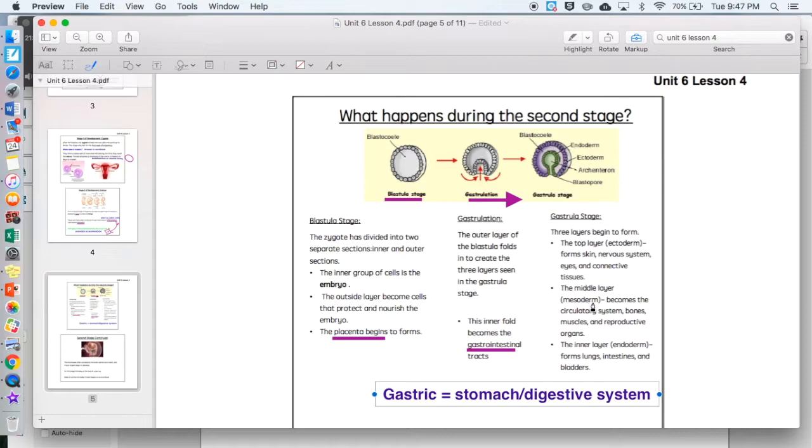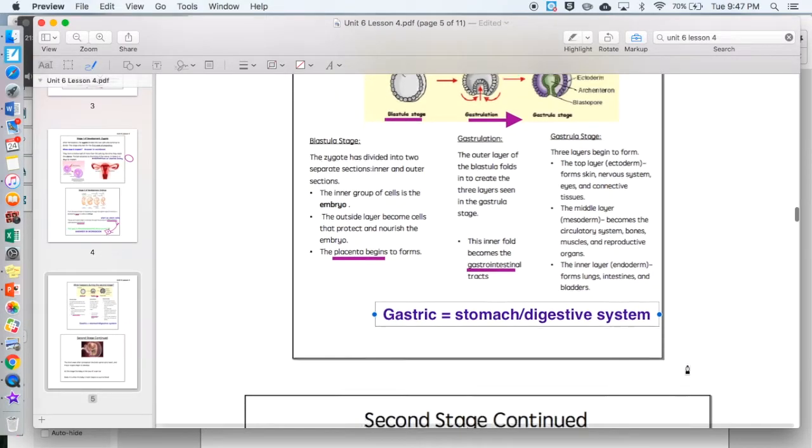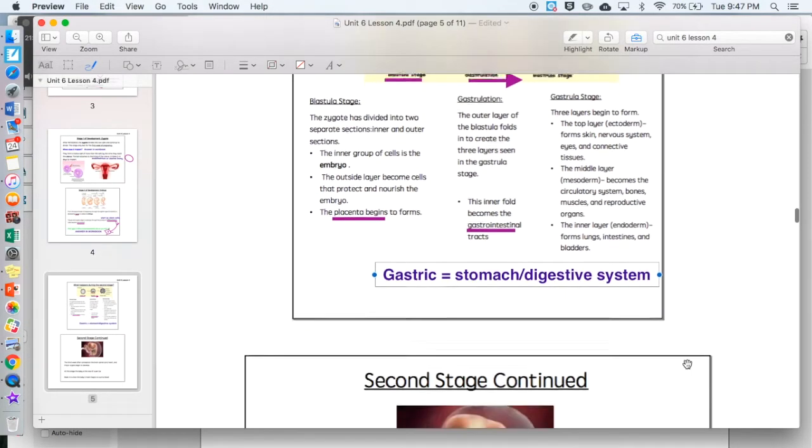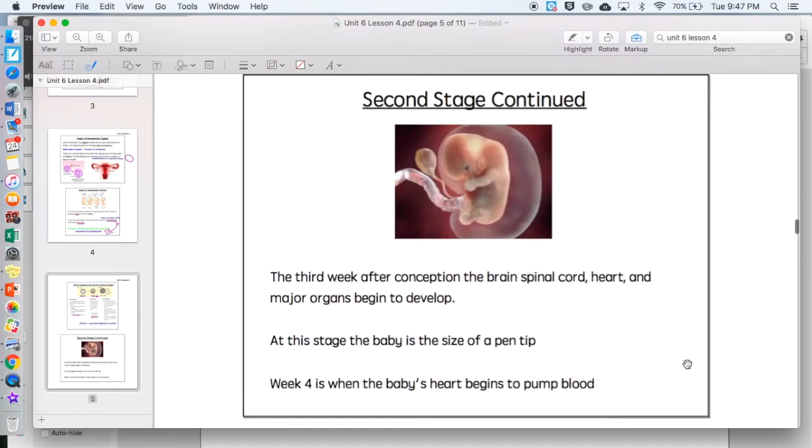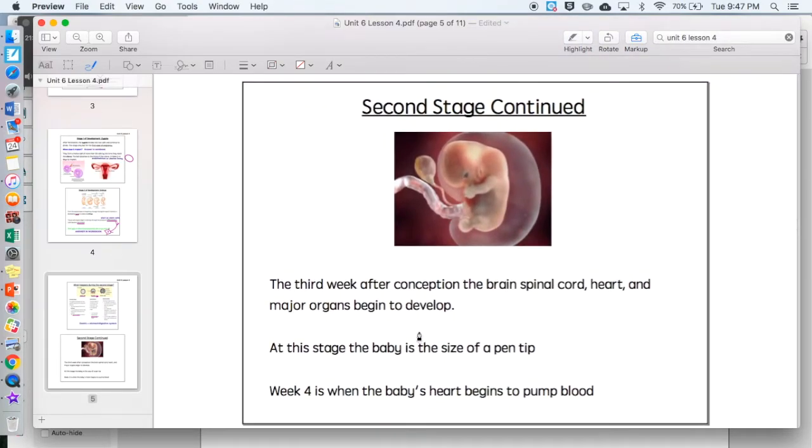The middle layer, called the mesoderm, meso means middle, derm means layer, becomes the circulatory system, so your blood vessels, your bones, your muscles, and your reproductive organs. The inner layer, called the endoderm, forms your lungs, intestines, and bladder. So that was a lot. We are going to practice with this more in the next video as well.